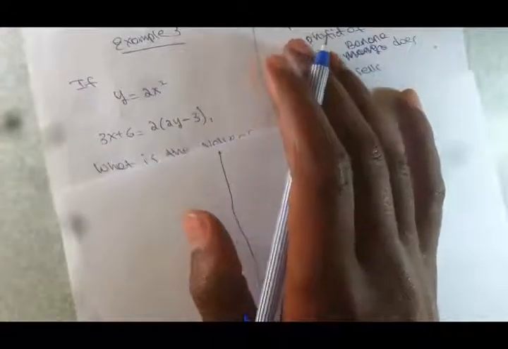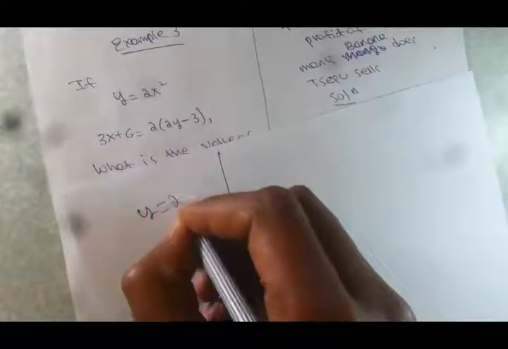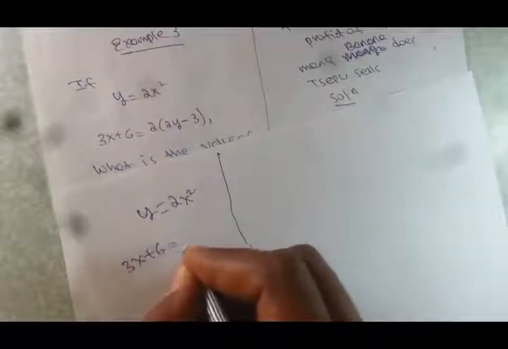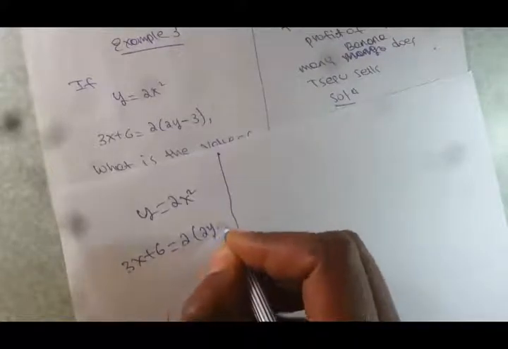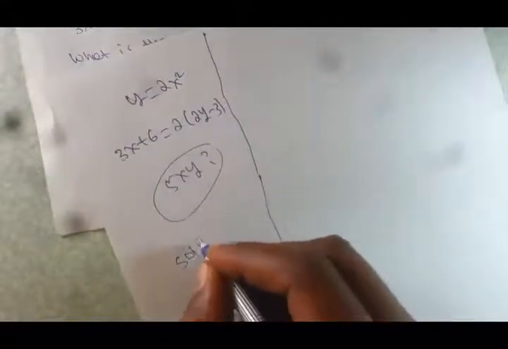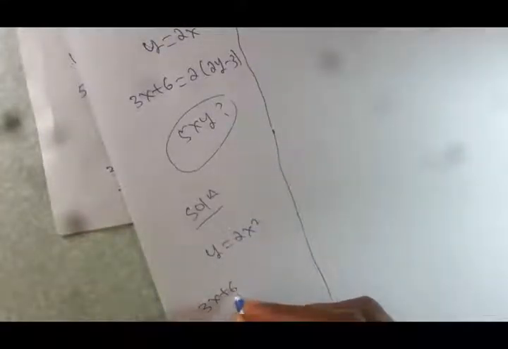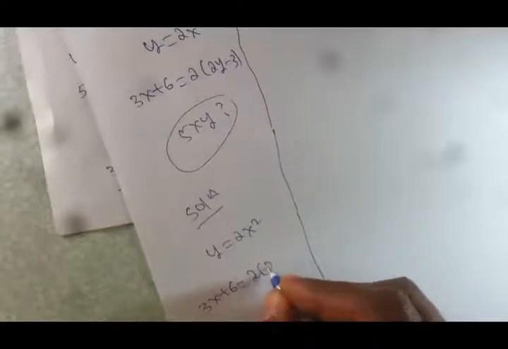Example 3 is given by y is equal to 2x squared, and the second equation 3x plus 6 is equal to 2 times 2y minus 3, and we are asked what is the value of 5 times xy. Solution: we are given y is equal to 2x squared and 3x plus 6 is equal to 2 times 2y minus 3.